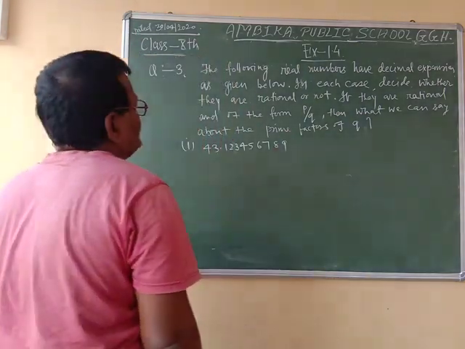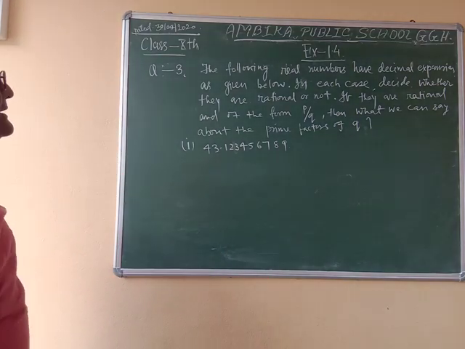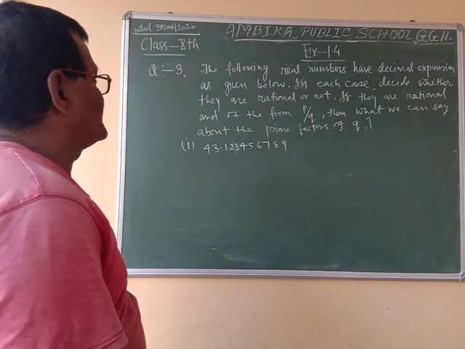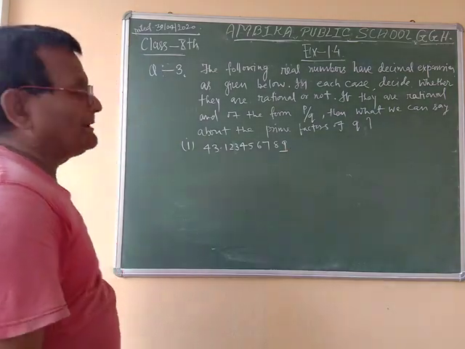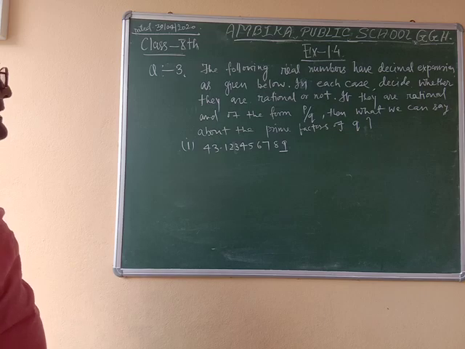At first we have to show whether they are rational or not. We know that terminating decimals are rational numbers.